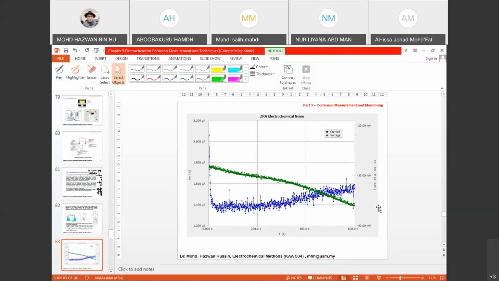The data that you will obtain is basically like this. It is from actual data. You'll see a plot of current versus time and also potential over time. Blue is current and green is potential.